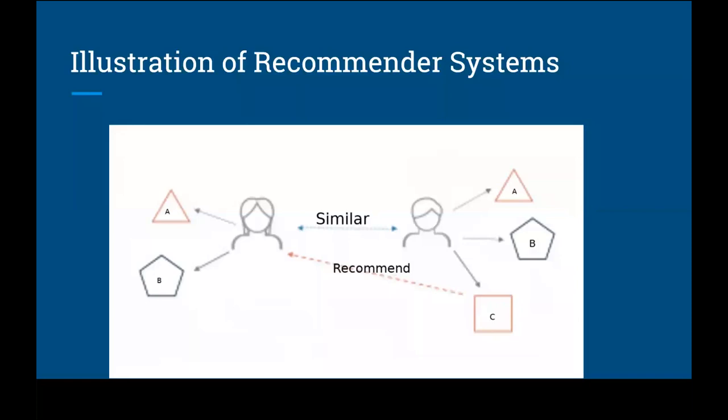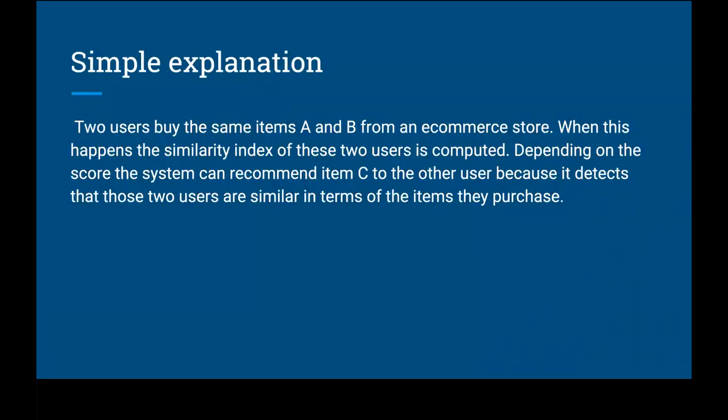One of these ways is called collaborative filtering. We'll come to that. So a simple explanation: two users buy the same items A and B from an e-commerce store. When this happens, the similarity index of these two users is computed. Depending on the score, the system can recommend item C to the other user because it detects that these two users are similar in terms of the items they purchase, right?